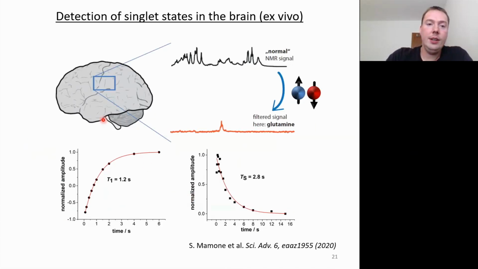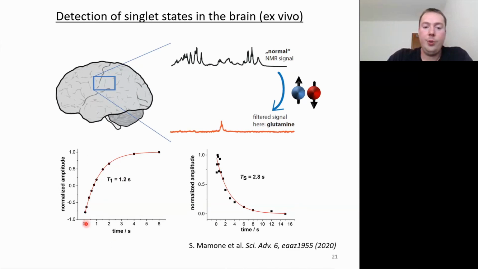So what we did first then is we worked on some ex vivo brain tissue that you see over here. And you can see that we have an NMR signal of the metabolites in the brain that you'll find over here. And by applying these singlet techniques, you can actually have a filter for specific metabolites. So out of these, I would say, wood of signals, we're able to filter out this particular glutamine signal by our singlet states.